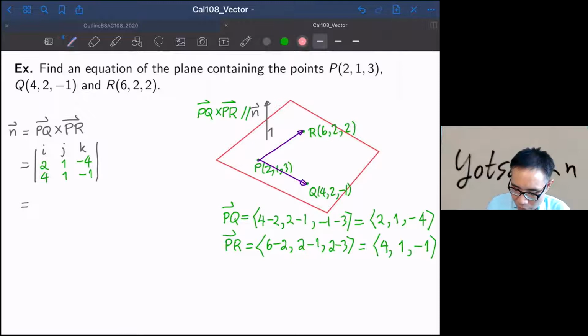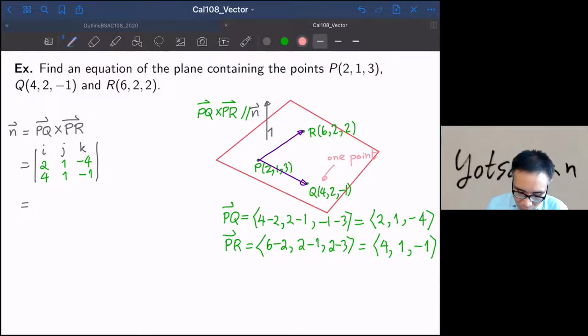So you can pick P, pick Q, or pick R. It doesn't matter. So you need 1 point in this plane and you need the normal vector. And the normal vector will be perpendicular to both PQ and PR. Okay, so N will be PQ cross PR.